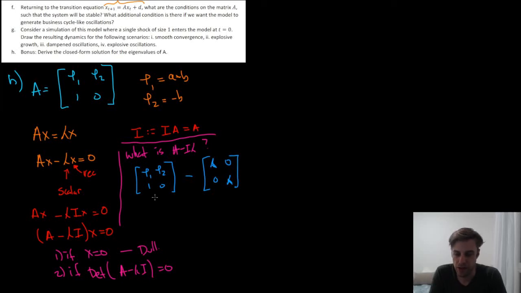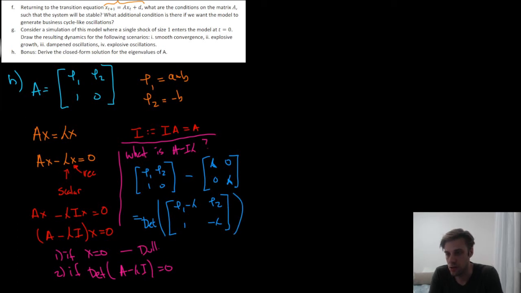And then matrix subtraction, we can just subtract element-wise. So this will be a single 2 by 2 of row 1 minus lambda. This minus this is row 2. This minus this is just 1, and this minus this is minus lambda. Okay. And we seek the determinant of this matrix.